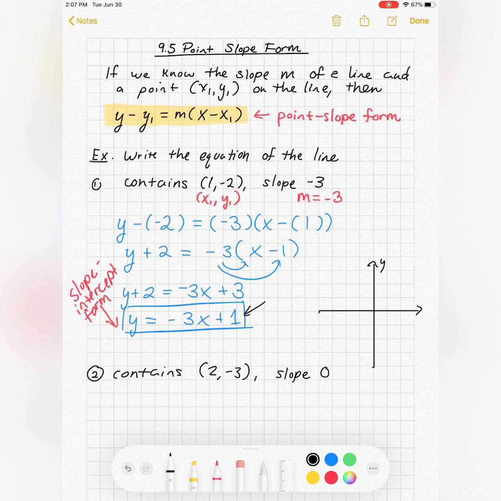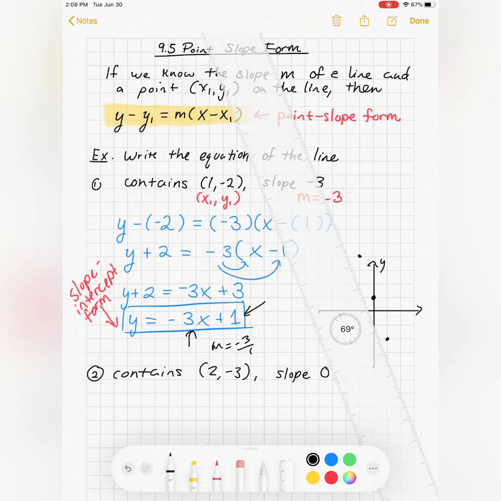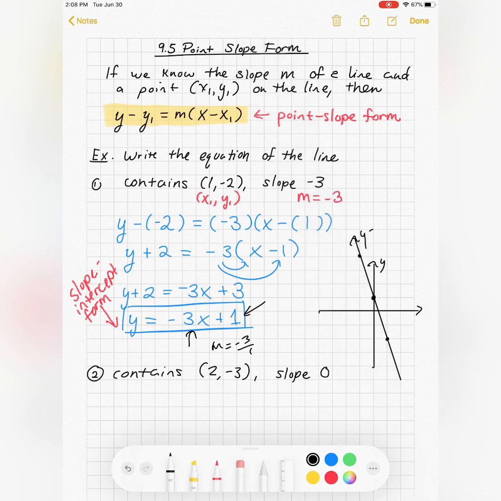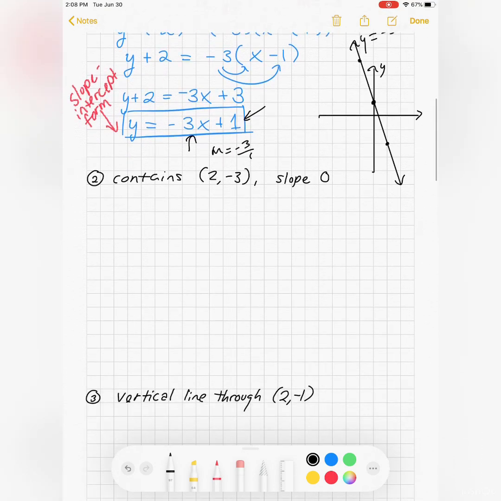So the y-intercept is 0, 1. The slope is negative 3 over 1. So down 3, right 1. Or up 3, left 1. Quick sketch of our line.